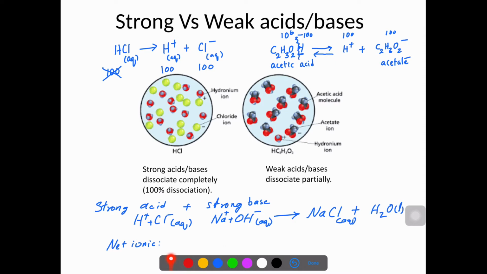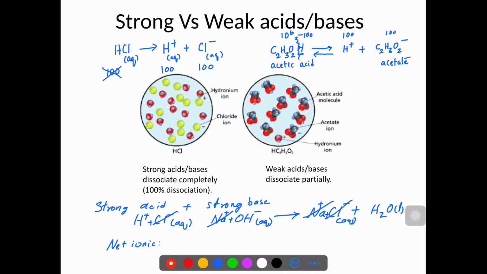Sodium hydroxide dissolves in water to produce sodium and hydroxide ions. Similarly, your salt dissolves in water, so you get sodium and chloride ions in the solution. So you can cancel out the chloride and you can cancel out the sodium.